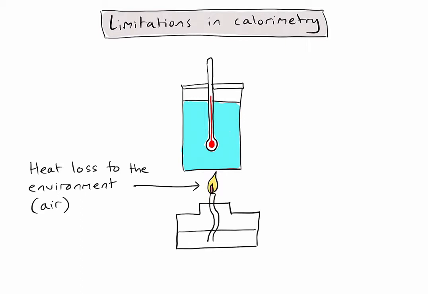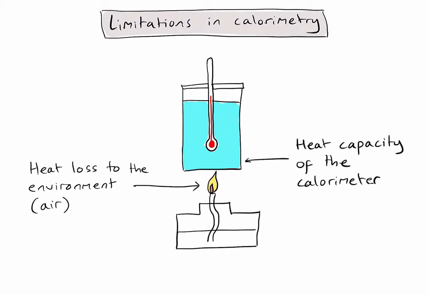The second limitation that we need to be aware of is heat loss in terms of the energy absorbed by the calorimeter itself, often made of copper, which we're not taking into account in our calculations. Depending on the material used for the calorimeter, it might absorb different quantities of energy during the reaction.